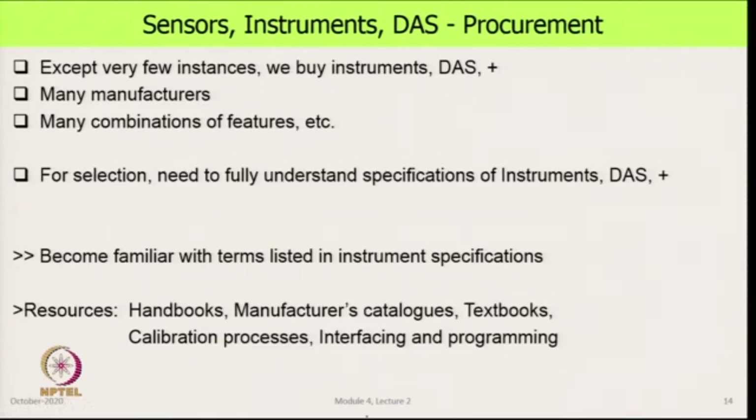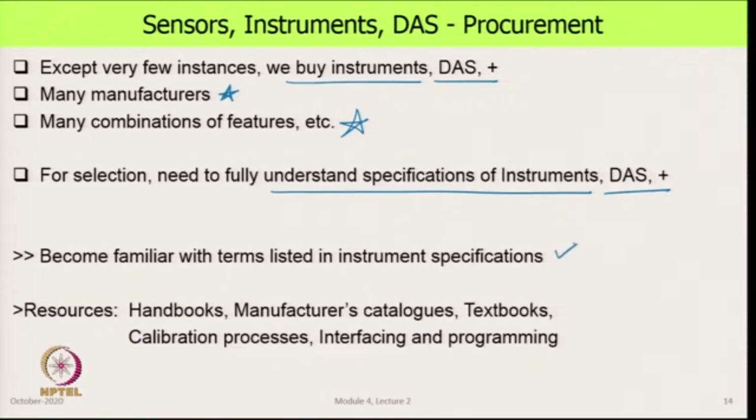So, what is central to all of this, what we have seen in this lecture is that except for very few instances, we buy instruments and we buy DAS or we buy the whole thing as a package. There are many manufacturers to choose from, and they have many different combinations of features. So, for selecting it, when we are putting together an instrument experiment, and also later on when we are analyzing the data, we need to fully understand the specifications of all of these.